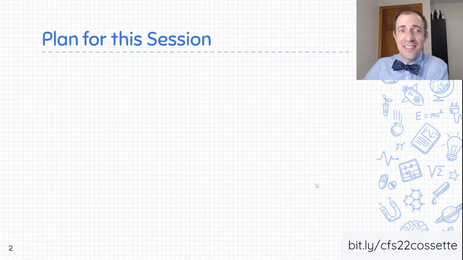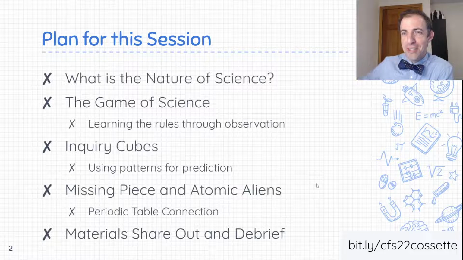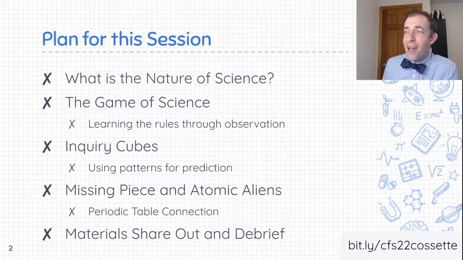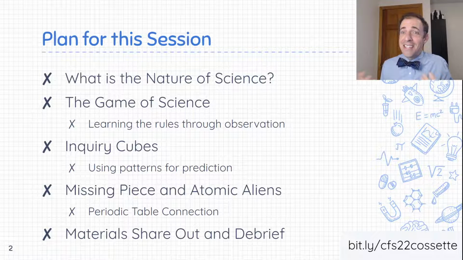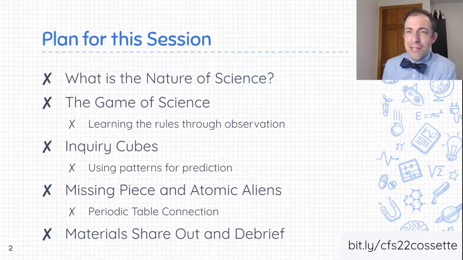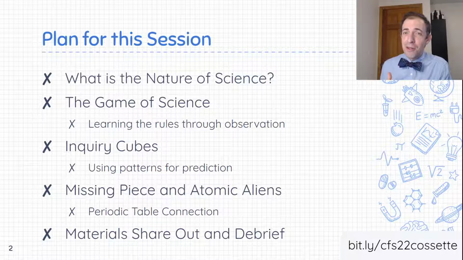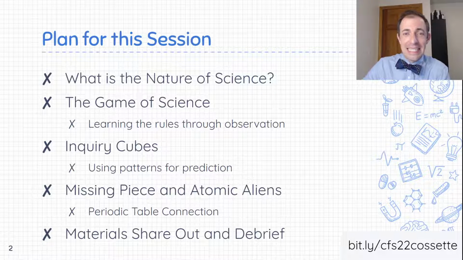So to get into this, I want to highlight the general agenda of what I'm going to look at in this 25-30 minute video. First is talking about what the nature of science is. What do I mean when I'm using those words? Then there are three main tasks that I use in my classroom, different games and puzzles that get at some of the core concepts of nature of science and provide students with opportunities to be hands-on and investigate some of those skills that we want them to gain in our classroom.